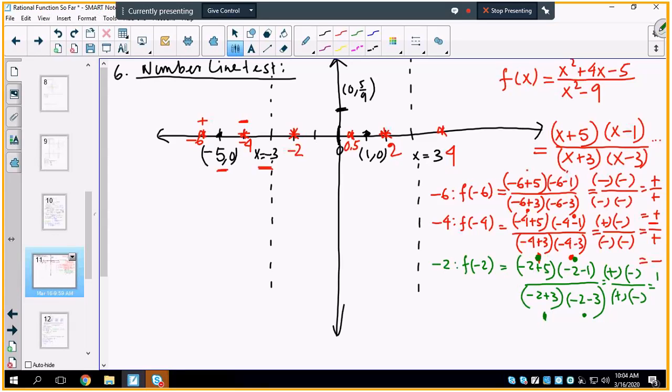So I get positive essentially, because I get negative signs on both top and bottom. See, I get a negative here, I get a negative there, so together they will give you a positive sign. Hence, once I have this format, I will be able to say that at -2, my testing point, the sign is positive.